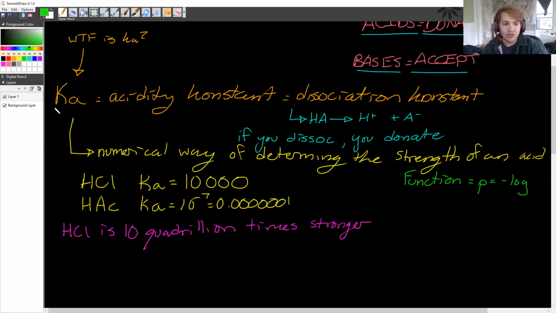So what we're going to do is take the pKa of hydrochloric acid. And what we find is that the negative log of 10,000 is equal to -5. And then we're going to take the pKa of acetic acid, and what we find is that it's equal to 7.